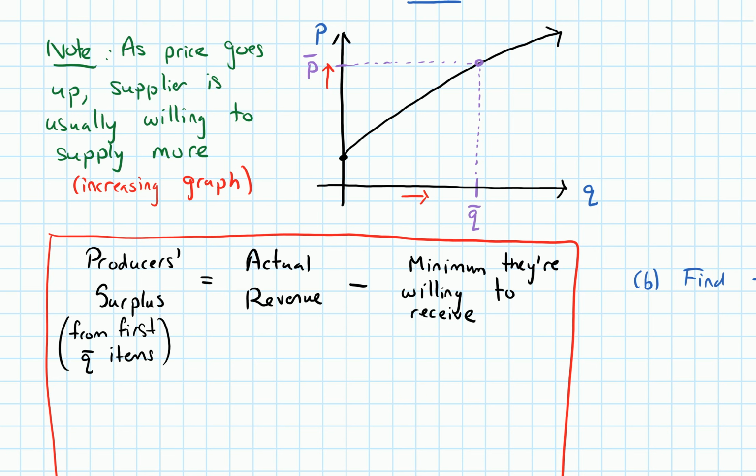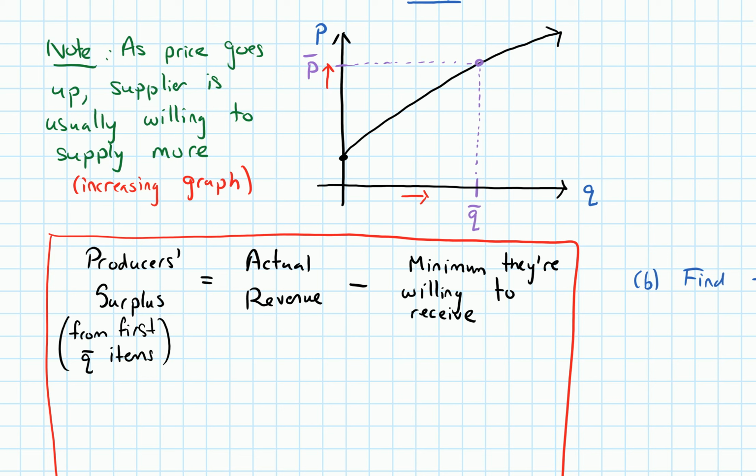Because when you subtract their actual revenue by the minimum threshold of what they would have been okay with getting, that's extra money in their pockets. And that's why it's called a surplus. It's the surplus to the producer.